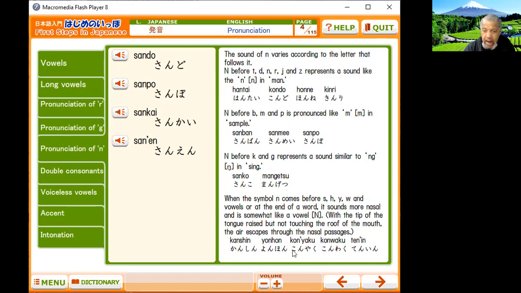Sang, kanshin, yonhan, kanyoku, kanwaku, tenin.